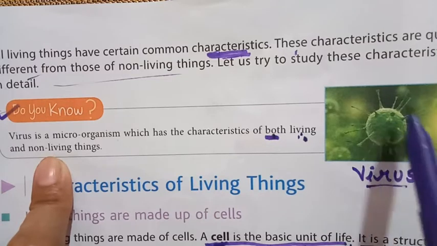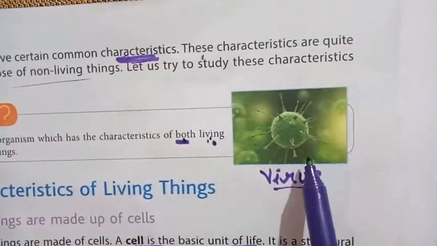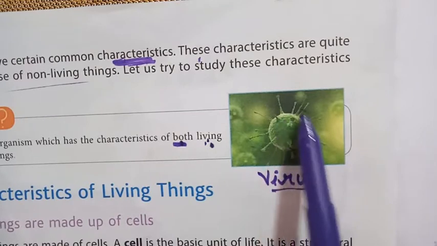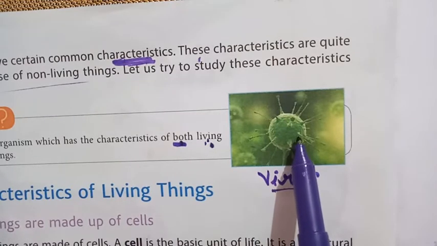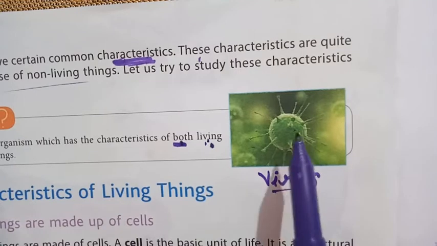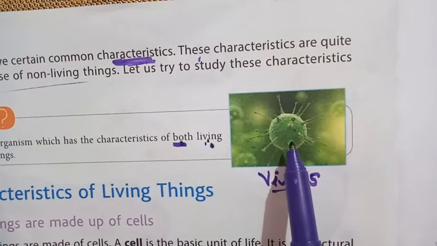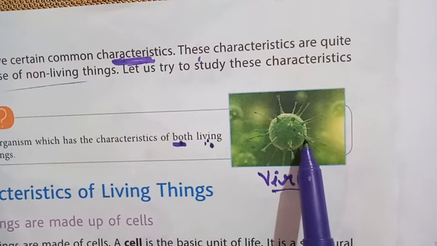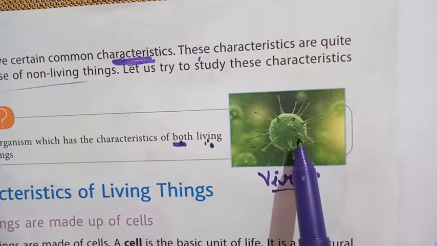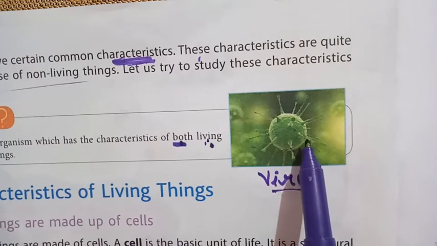But when the virus enters the human body or a human cell, it acts as a living being. It starts reproducing, multiplying itself and increasing in numbers. When viruses are floating in water or air or settled on non-living materials, they show the characteristics of non-living things.